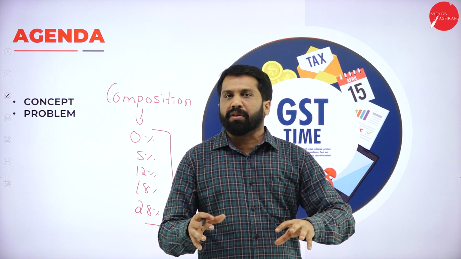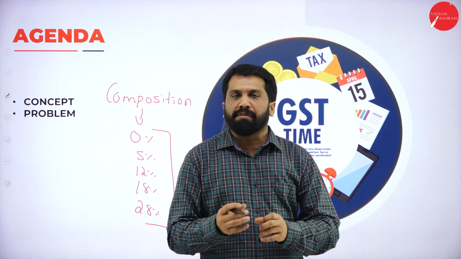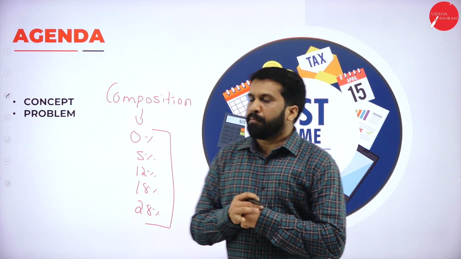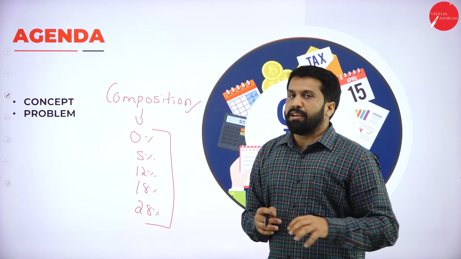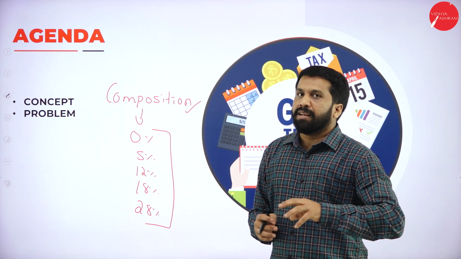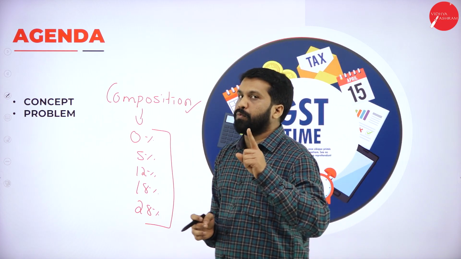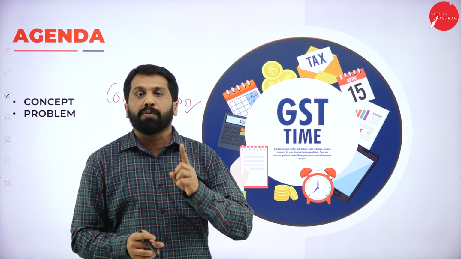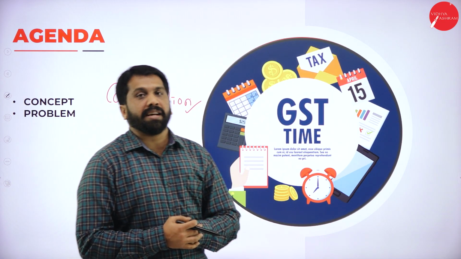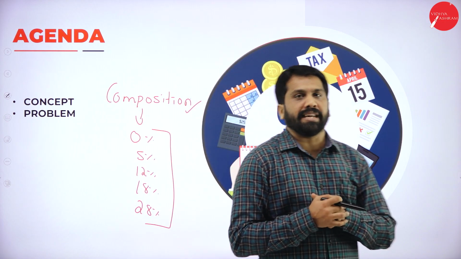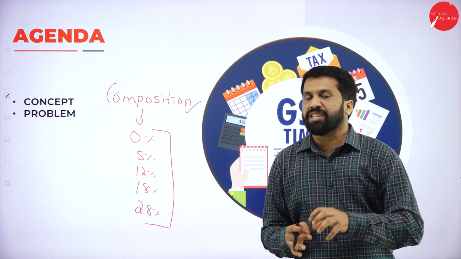If you have 10 products, every product will have a different kind of tax. But if you go for the composition scheme, the tax rate will be one, in the sense only one kind of tax rate. It might be 0%, it might be 5%. That is called the composition scheme.